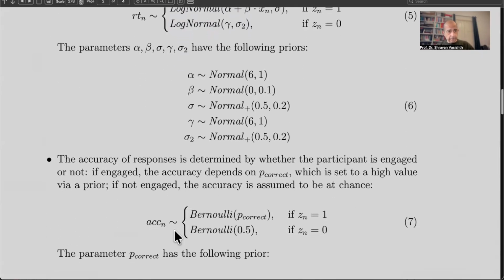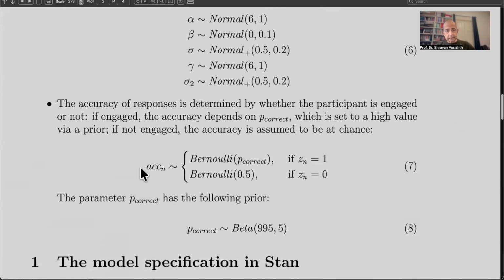And then we come to the second part of the multivariate model, where we are also modeling the accuracies, so the zeros and ones in the data frame, which tell you whether the response was accurate or not. So the accuracy when the participant is engaged will come from a Bernoulli with parameter probability of correct, for which I'll just give you a prior.